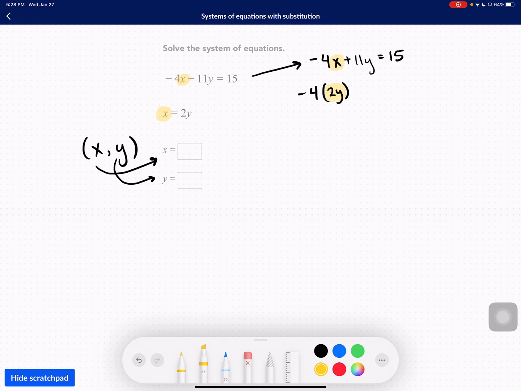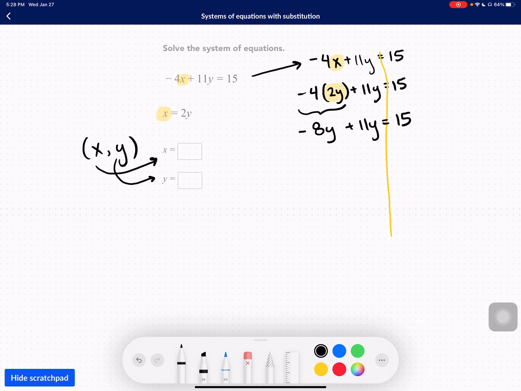So we can substitute that out for x. And now we have an equation that only has y values in it, so we can solve for y. Negative 4 times 2y is negative 8y, plus 11y equals 15.